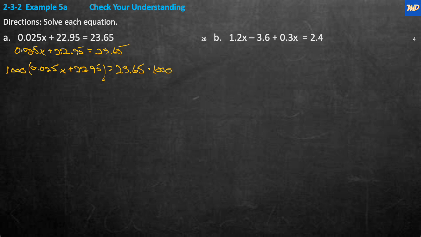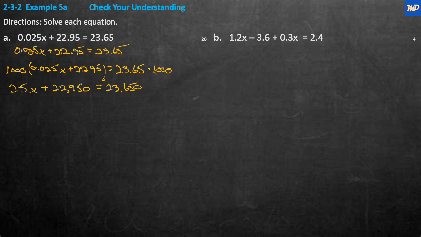Doing the distributive property on the left, we get 25x plus 22,950, and that's equal to 23,650.